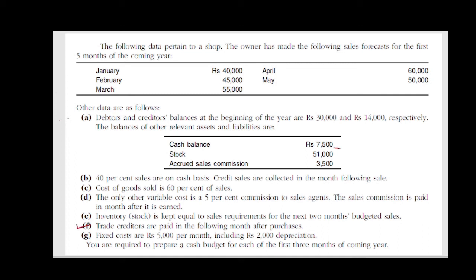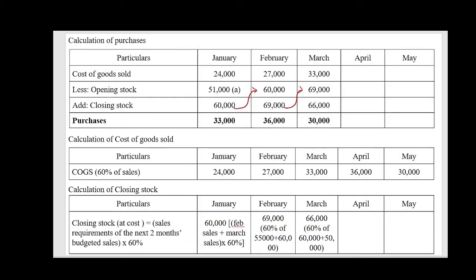Trade creditors are paid in the following month after purchases. So we have calculated the purchases. The calculation of purchases gives 33,000. Now this 33,000 will be paid in the month of February. Okay. February's 36,000 will be paid in the month of March. March will be paid in the month of April.